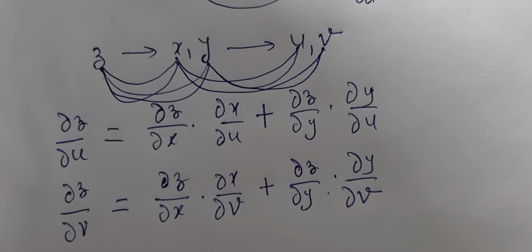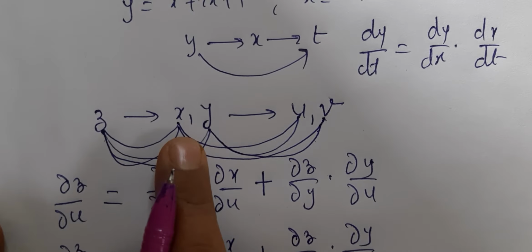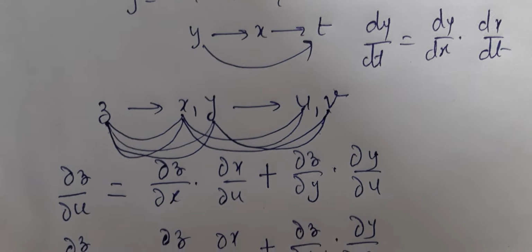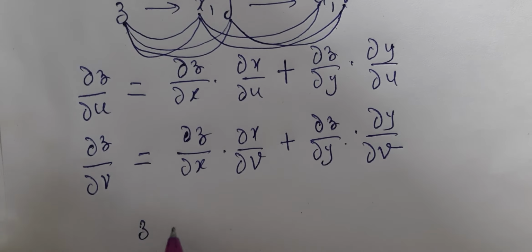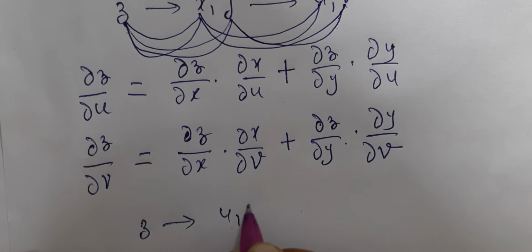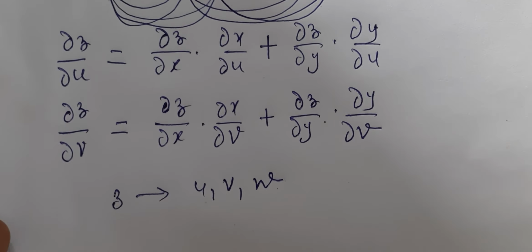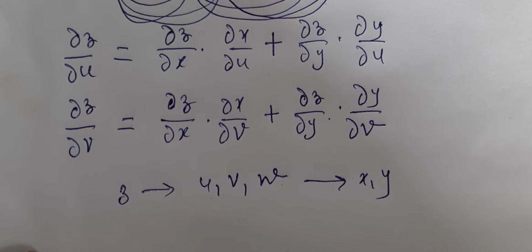Now this I told you when we had z as a function of x and y, and x and y are functions of u and v. Maybe now if we have z as a function of u, v, w, three variables, and these u, v, w are functions of x and y.